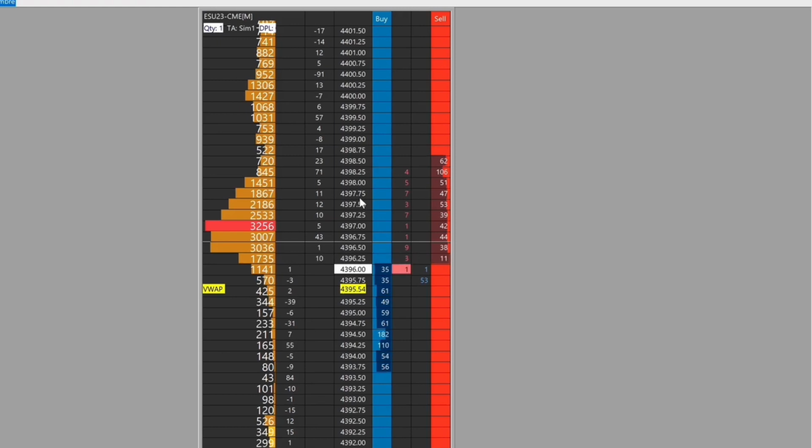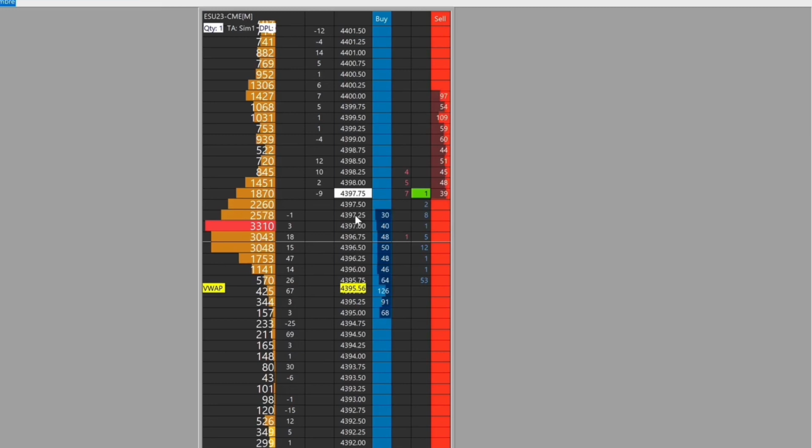So for this example, I took the S&P 500 future market from the CME, and on this symbol, we can see that each increment is of 0.25. So every tick is represented by 1 square, and when we move up, we increase by 0.25, and when we go down, we decrease by 0.25.